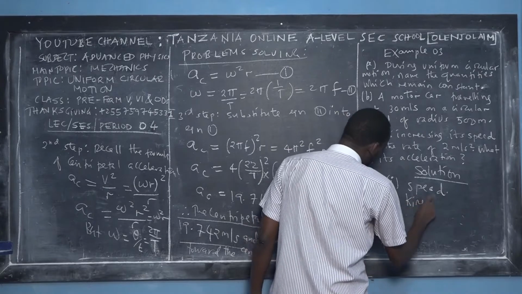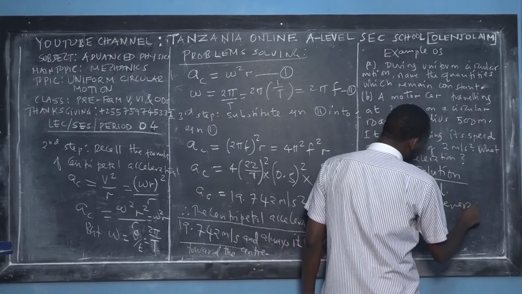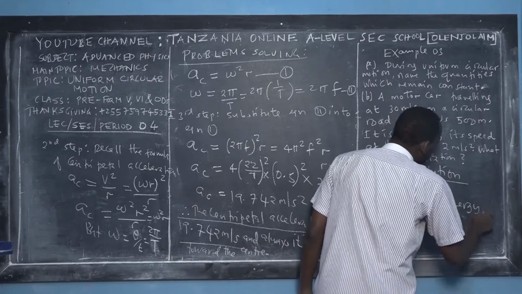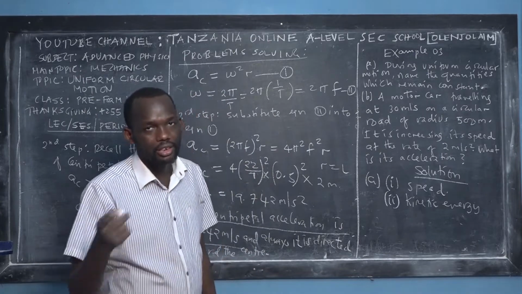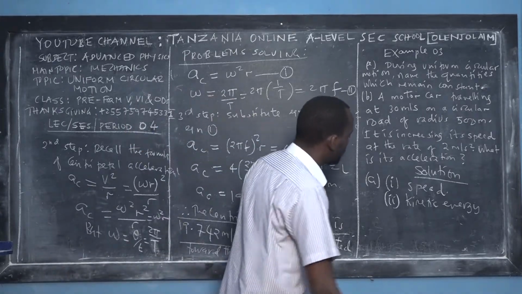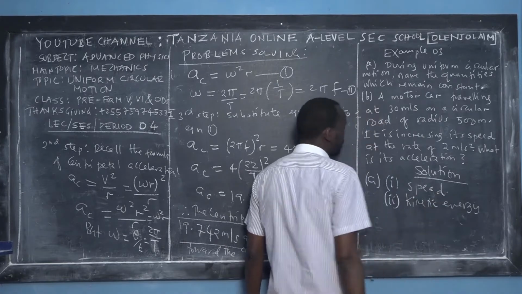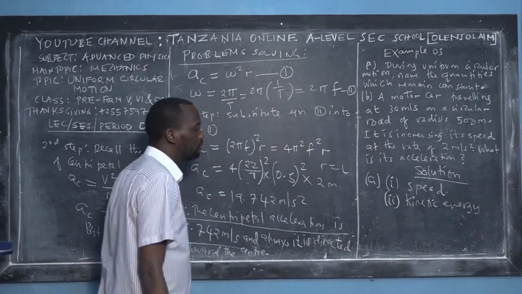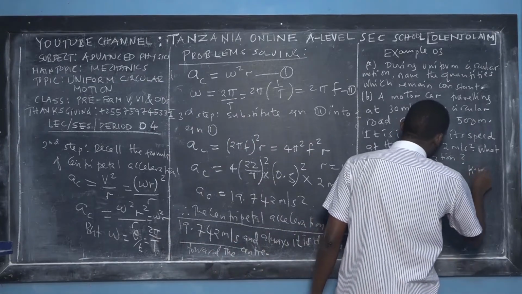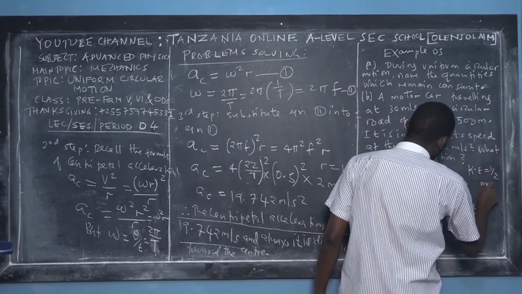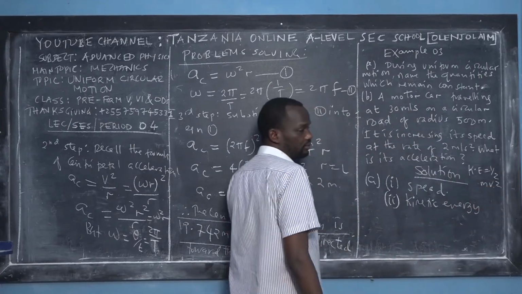We expect that the body will be moving in a circular path continuously, without changing its mass and also without changing its speed. Because kinetic energy in this scenario is given as half times mass times velocity squared. So this is not velocity, this is speed.